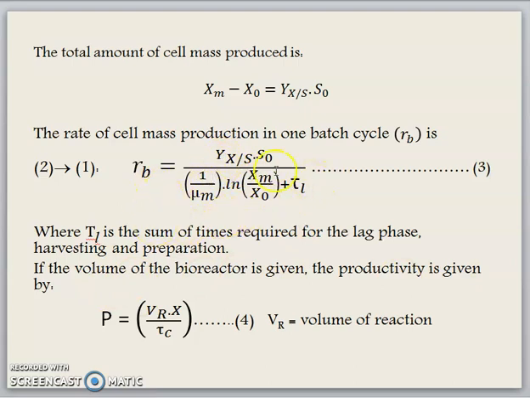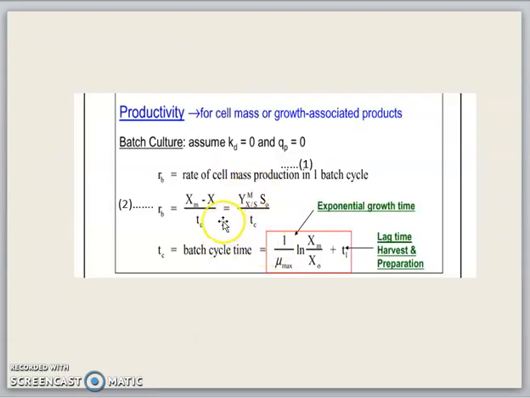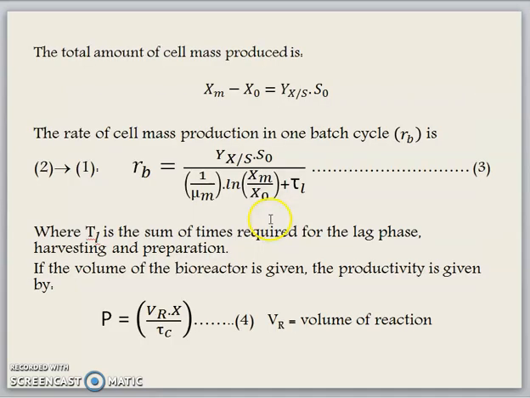After you substitute Xm minus X naught with Yxs S naught, that's why you get this equation number 3. And tL is the sum of times required for the lag phase, harvesting and preparation.